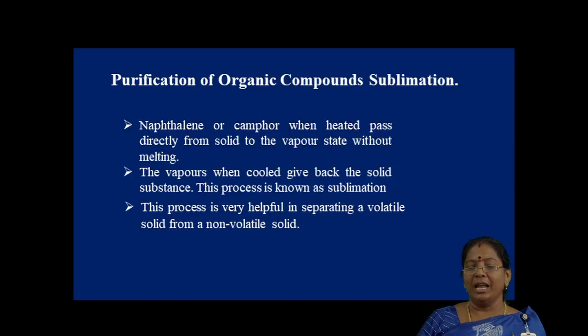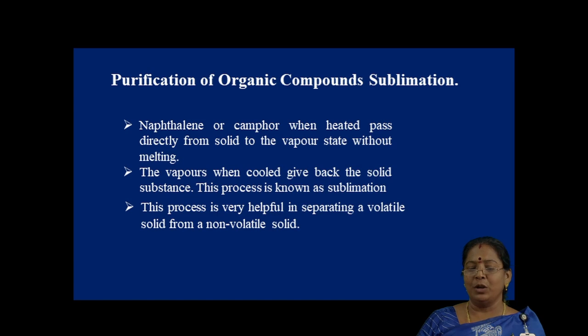Purification of organic compounds by the sublimation technique, for example, we are using naphthalene and camphor in our day-to-day life. First of all, you should know what sublimation is. Sublimation means some solid substances are directly converted to the vapor state. The best examples are naphthalene and camphor.